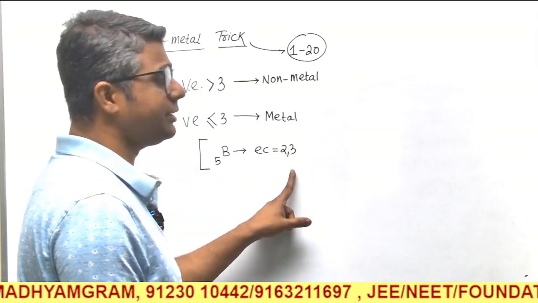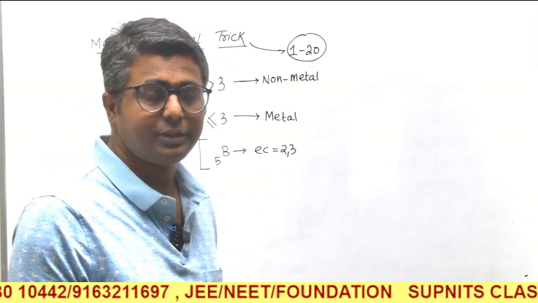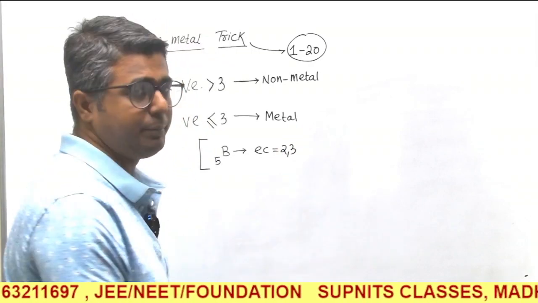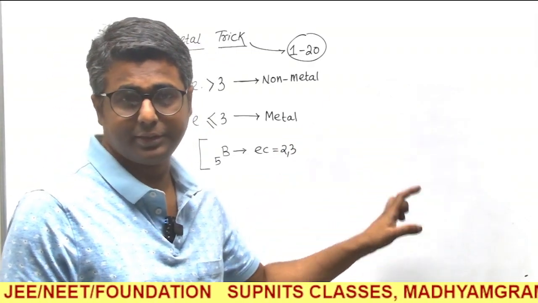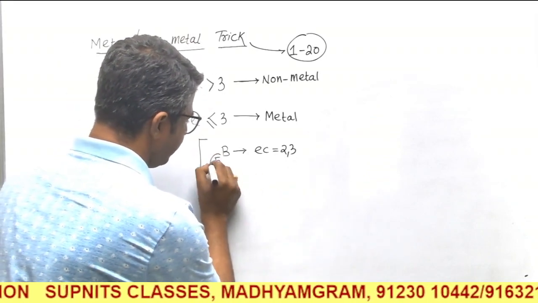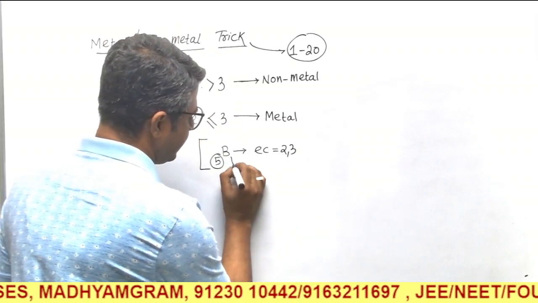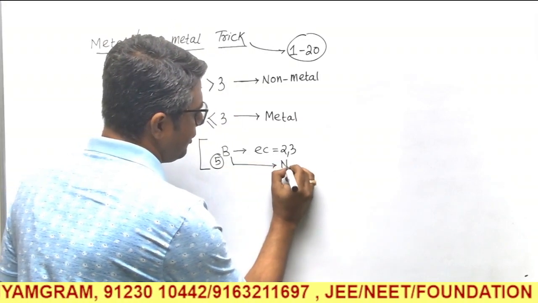If you say that this valence electron is 3 and consider it a metal, then you will be wrong, because remember, this is a trick, this is not any scientific fact. So in case of boron, atomic number 5, you are going to write it is a non-metal.